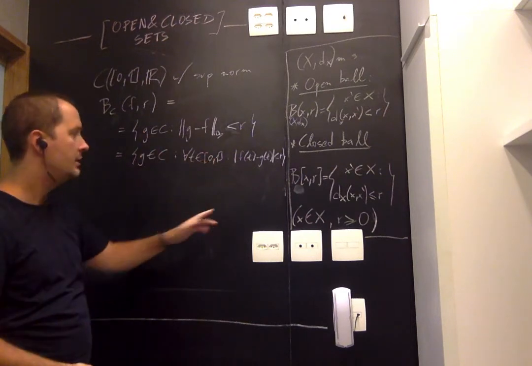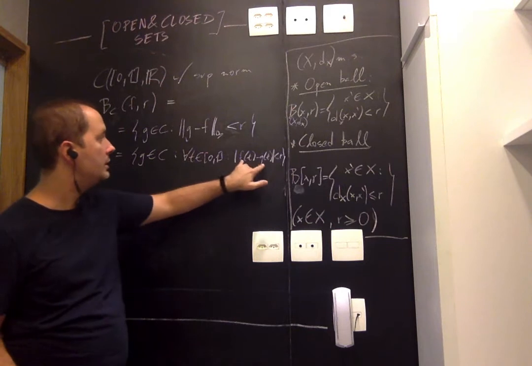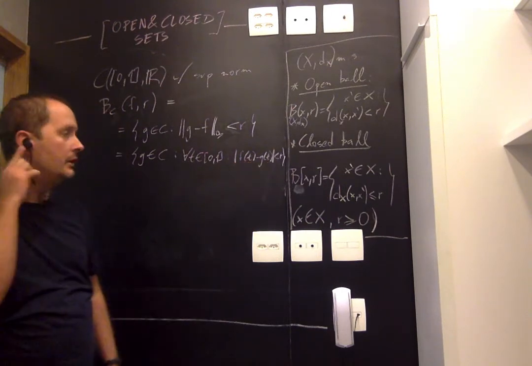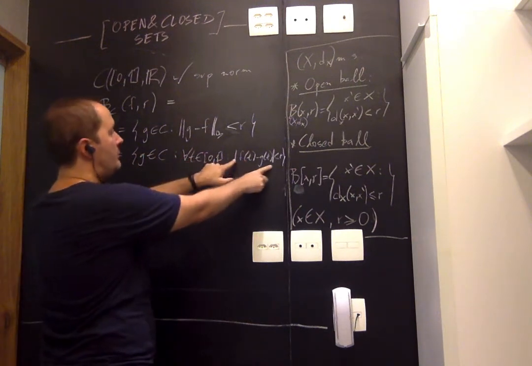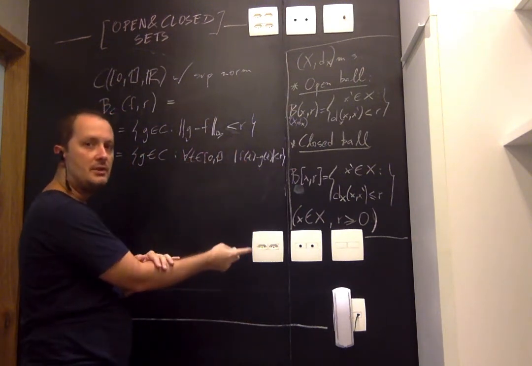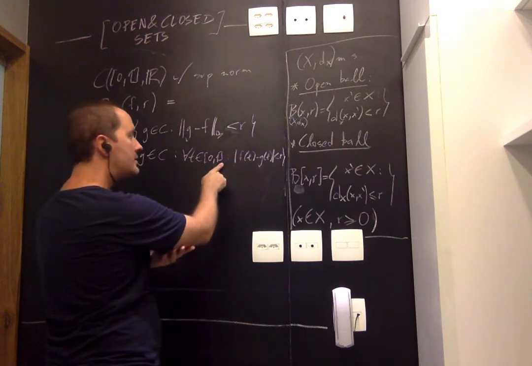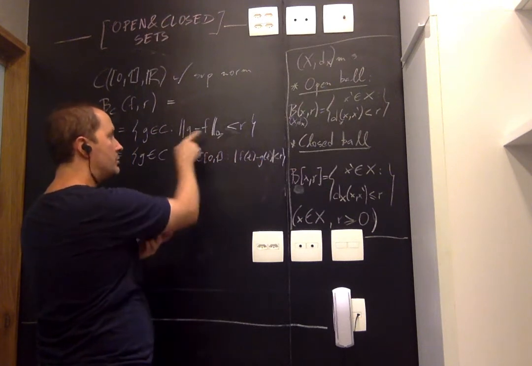So if the sup is less than r, it certainly means that for all t in 0, 1, the distance between f of t and g of t is less than r. On the other hand, if this is true, well, we know that the supremum of this quantity is achieved by some t, because both f and g are continuous over the unit interval. But because the supremum is achieved, we know that the supremum has to be less than r. Therefore, the sup is less than r as well.